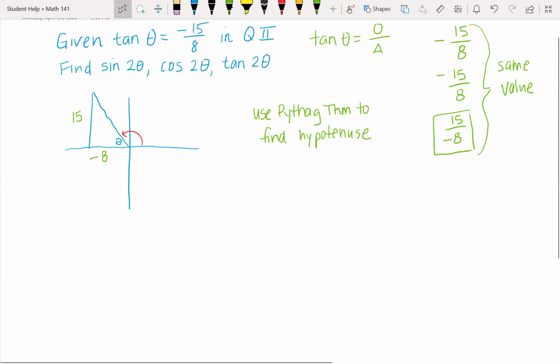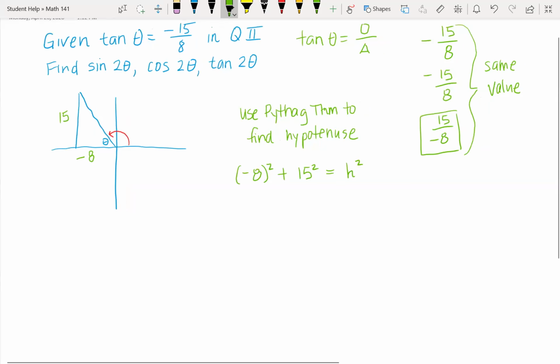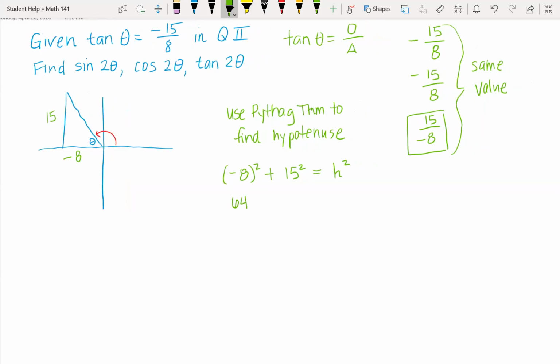So let's see, I've got negative 8 squared plus 15 squared is equal to the hypotenuse squared. 64 plus 225 is equal to h squared. So I'm getting 289. And then if I take the square root of both sides, we're getting that the hypotenuse is 17 there.